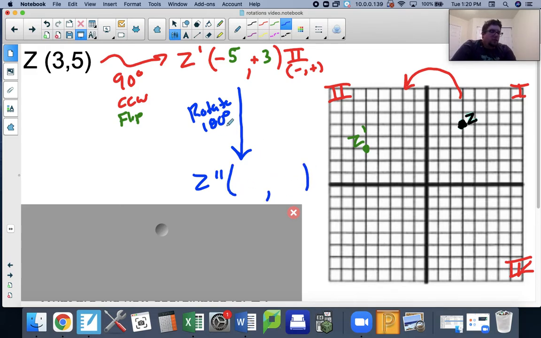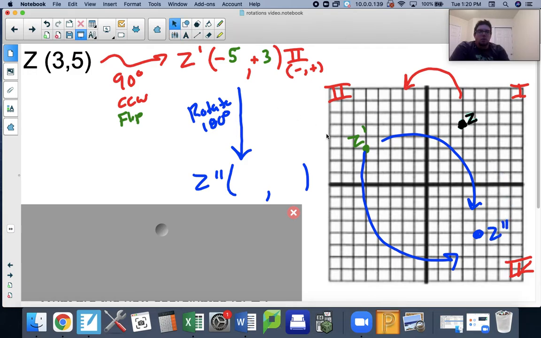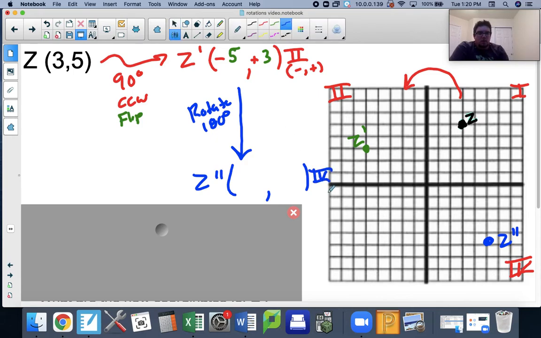I don't have to specify clockwise or counterclockwise because either way, Z double prime is somewhere down here in quadrant 4. In quadrant 4, y's are negative, so it's going to be plus and minus.